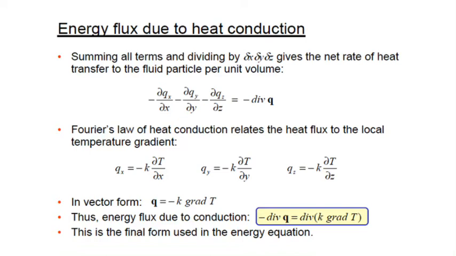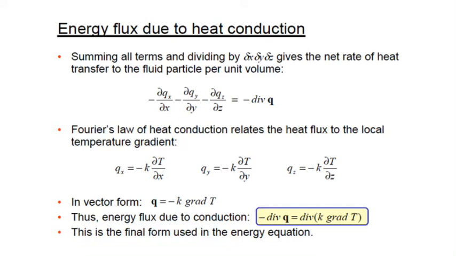Next you have to relate the heat flux to the local temperature gradient by using Fourier's law of heat conduction. Fourier's law states that q is equal to minus k dou T by dou x. For three directions we have to write x, y, z.